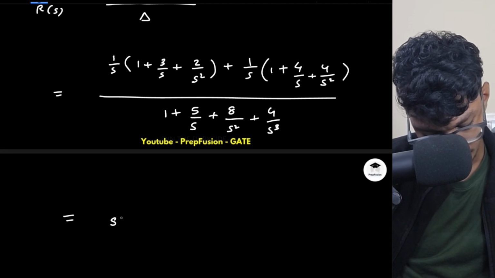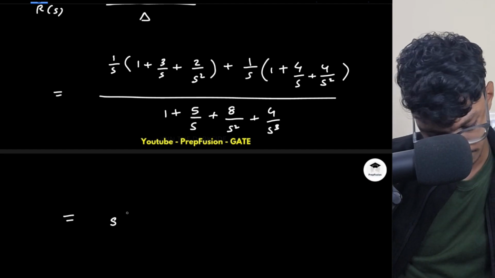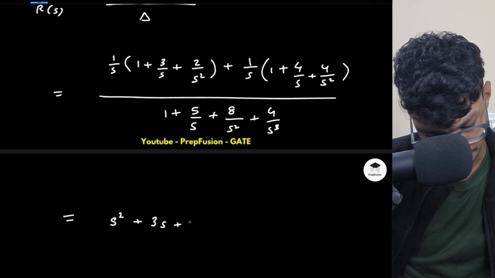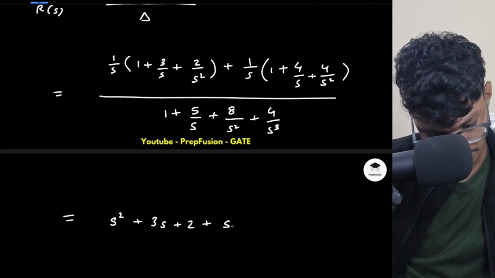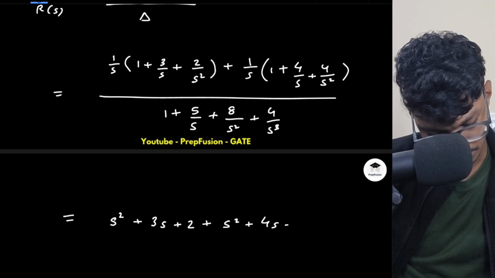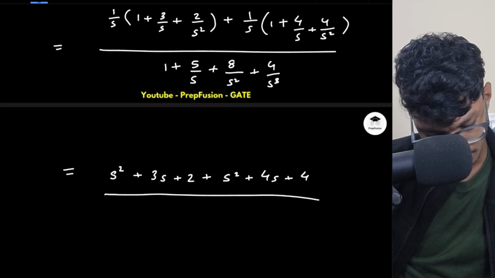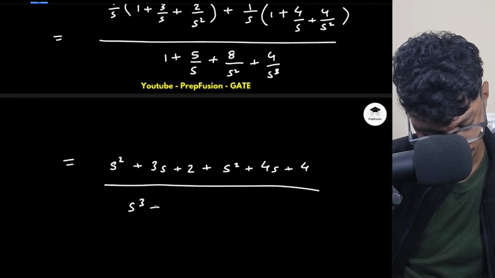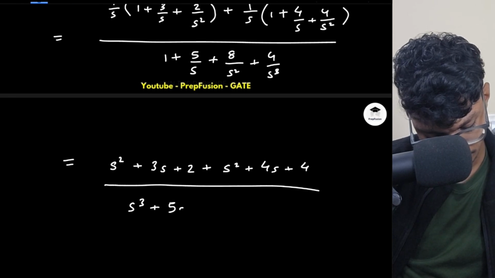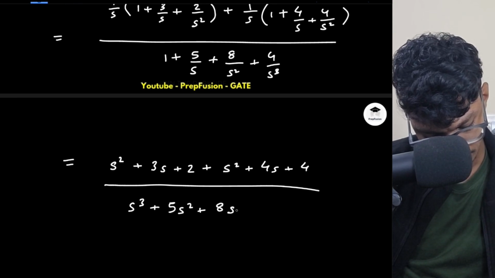So it will be s square plus 3s plus 2 plus s square plus 4s plus 4, divided by s cube plus 5s square plus 8s plus 4.